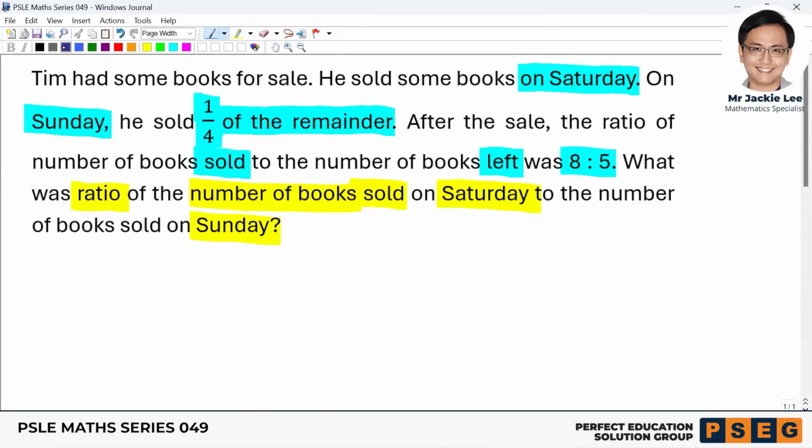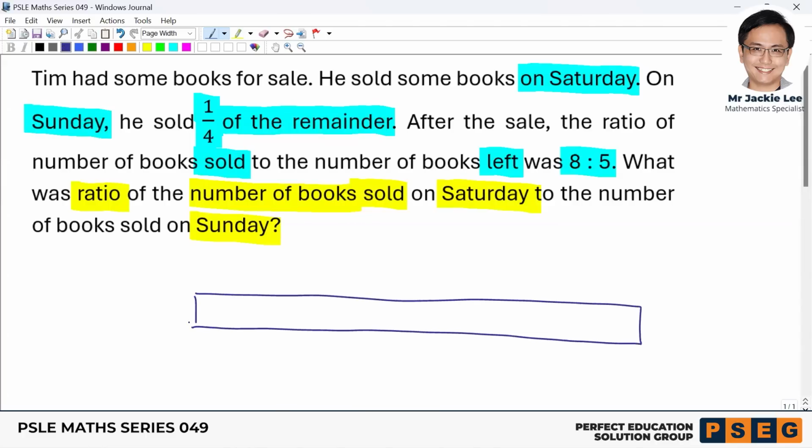Okay, so now I think we can draw a bar model that looks something like this. Okay, so let's say these are the ones that are being sold on Saturday. Then Sunday, actually taking out 1/4 of the remainder. So here we chop into 4 equal parts, and one of them is Sunday.